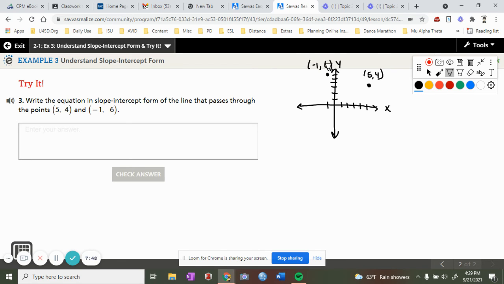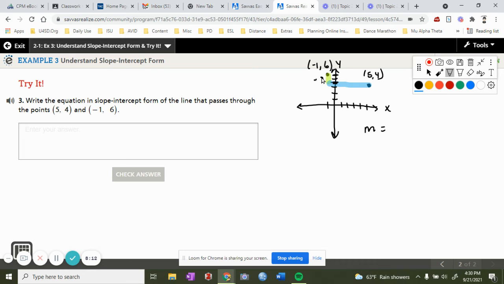Negative 1, 6. So now, again, I can determine my rise or fall and my run. So I want to look at that information. Okay, so what is my slope? Well, we're going from 6 to 4 on the y-axis. So from here to here.